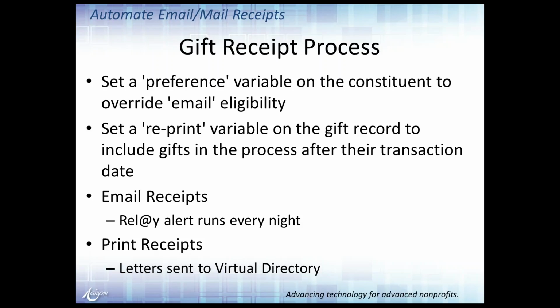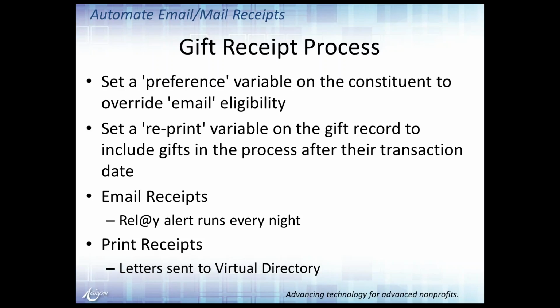So both of the scheduled jobs that run, both the one that produces the email receipts and the one that produces the printed letters, are generated based on any gifts that were processed on that day. This runs at night, so it'll look at any gifts that were processed during the day.